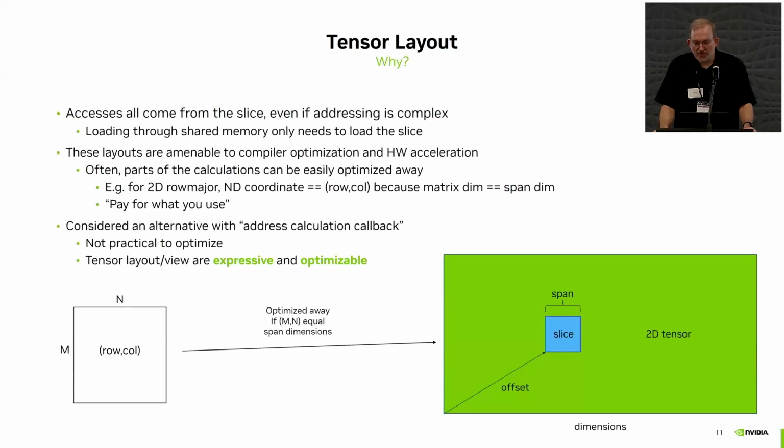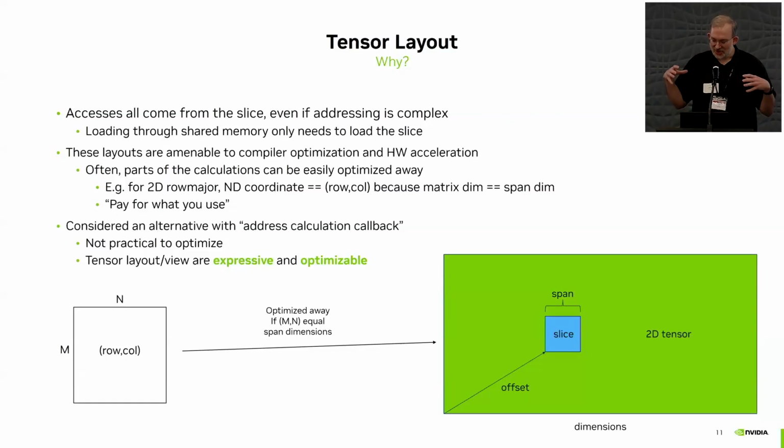Okay, so what's the point of this? Why have this object at all? So these tensors and slices have the nice property that all of the memory loads and stores are going to go through the slice. And so when the compiler needs to copy through shared memory, it doesn't have to worry about whether you're row major or column major. It doesn't care.